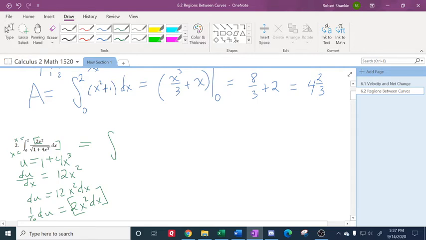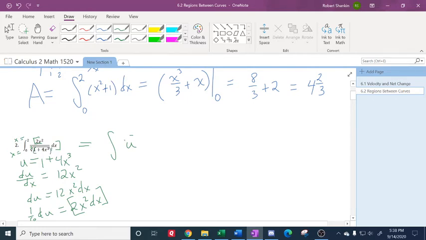The square root of 1 plus 4x cubed is going to be rewritten as u. Instead of putting it as a square root in the denominator, I'm going to put a negative exponent. There's really an unwritten 2 for the square root, and an unwritten 1 to the first power.